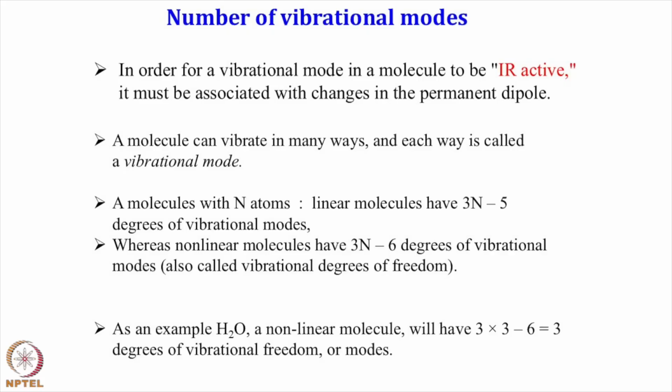So we already discussed what is IR active and what is not IR active. So for IR activity, what is needed? There has to be a dipole, right, and we can also find out how many vibrational modes we have. The simple formula is 3n minus 5 or 3n minus 6, where n is the number of atoms. So for CO2, or let us start with CO, how many atoms do we have? 2, so 3n minus 5 or 6.